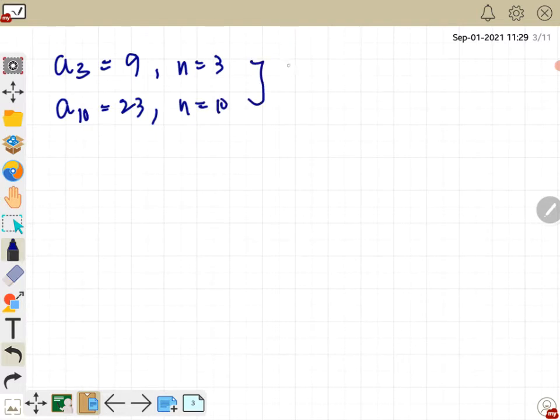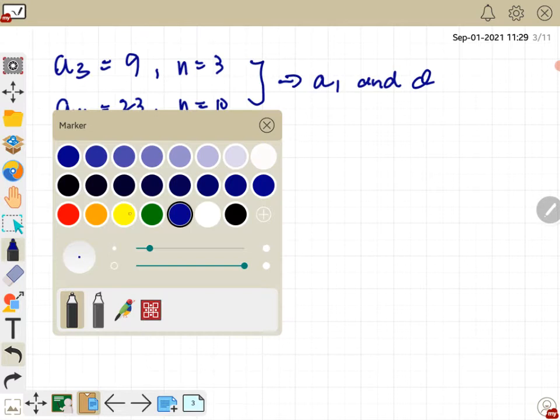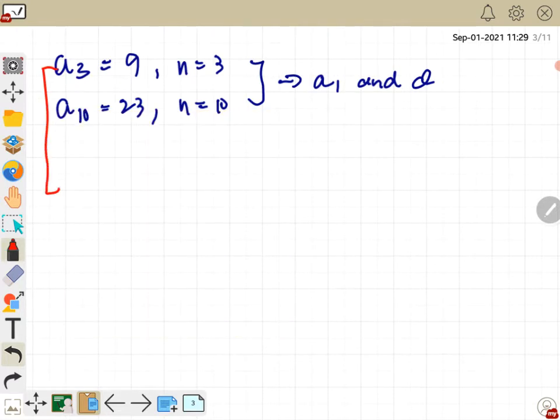What we're going to do is to use this to find our a sub 1, our first term, and the value of our common difference. So how do you do that? We simply substitute for this. We substitute it in our general term for arithmetic sequence.